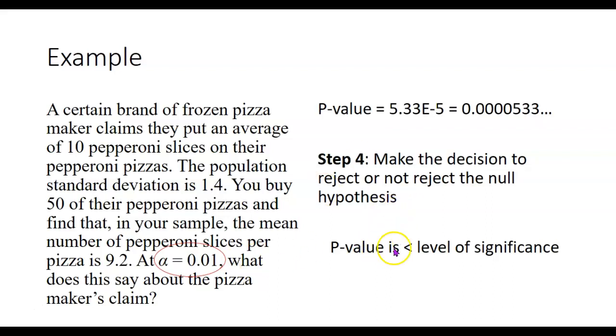So when the p-value is less than the level of significance, you reject the null hypothesis. When the p-value is greater than the level of significance, then you do not reject the null hypothesis. And make sure you use those exact words. Don't say accept or support or something like that. It's do not reject. So here we did reject the null hypothesis.